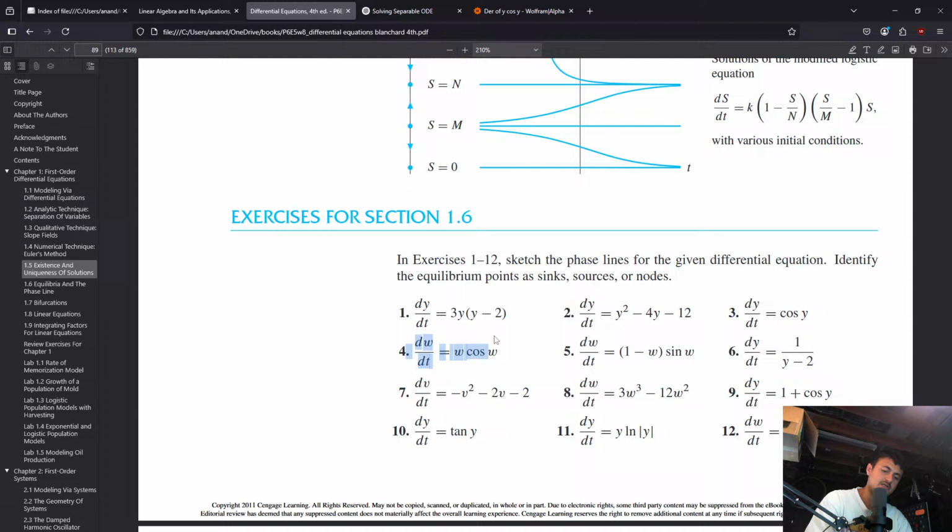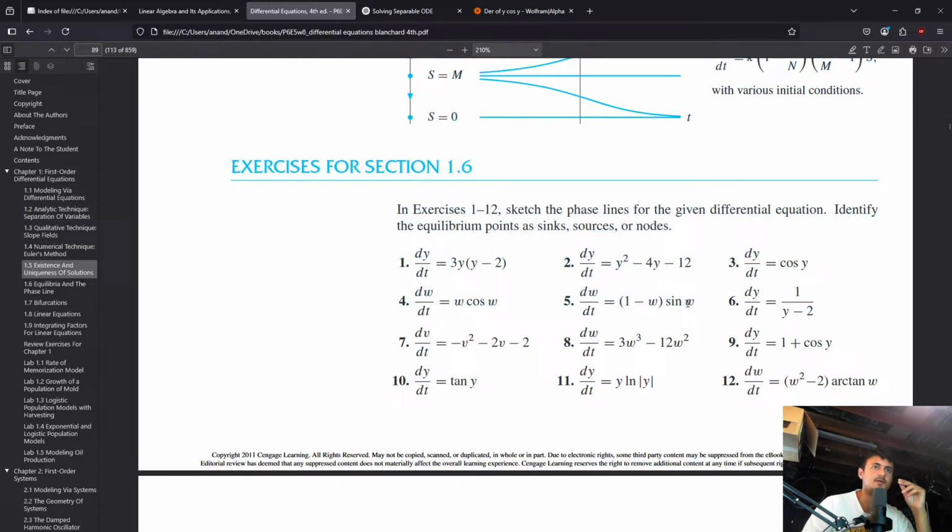So f prime of minus pi over 2 is going to be minus pi over 2 times minus 1, because sine of minus pi over 2 is less than 0, so it's a sink. Okay, great. So we're done there.